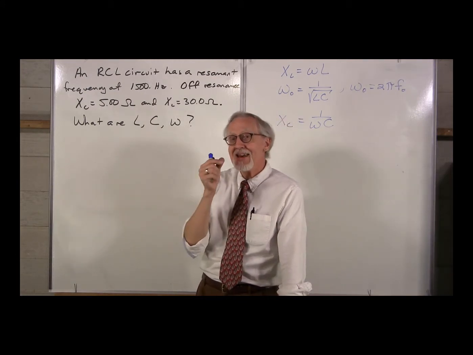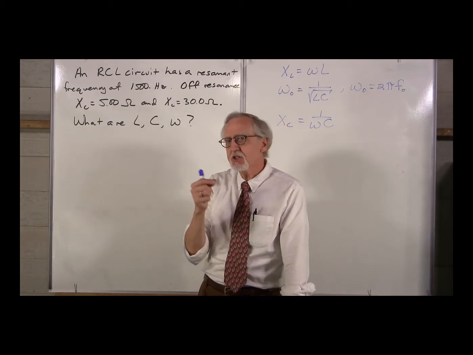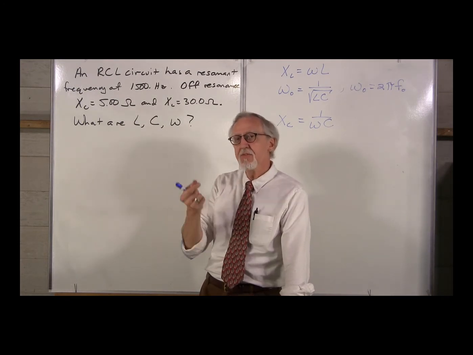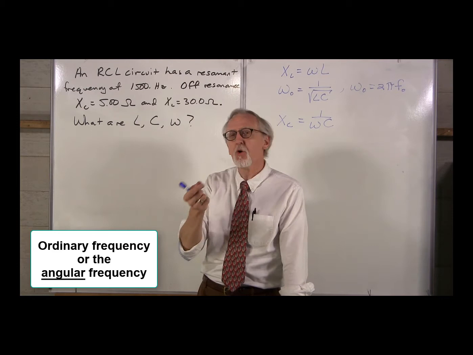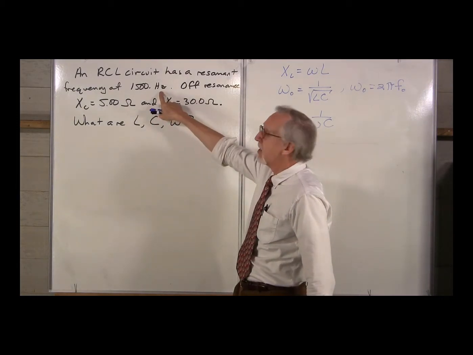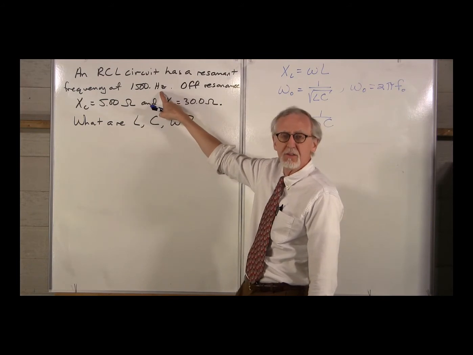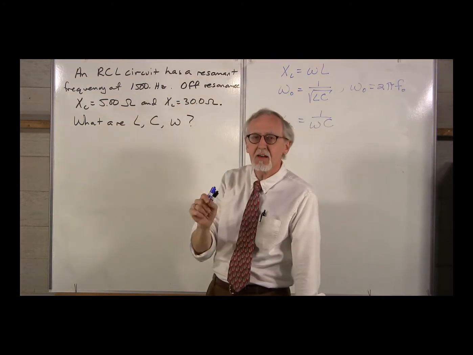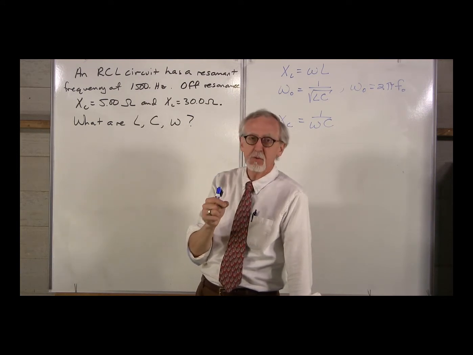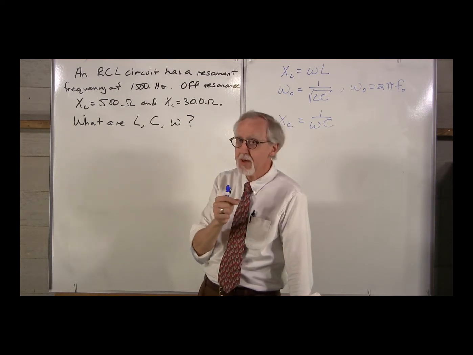Sometimes when an angular frequency is meant, it's just called the frequency. You've got to be a little bit careful. Do they mean the ordinary frequency or the angular frequency? Well, you can tell if you look at the units. The units here are hertz. What does a hertz mean? A hertz is a cycle per second. This must be the ordinary resonant frequency, F naught, not omega naught.